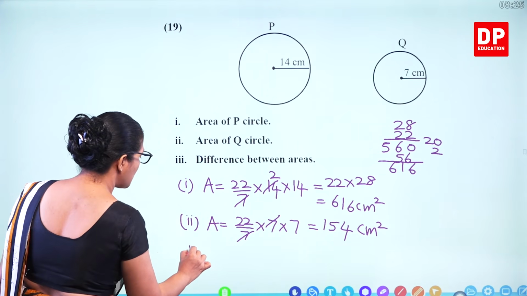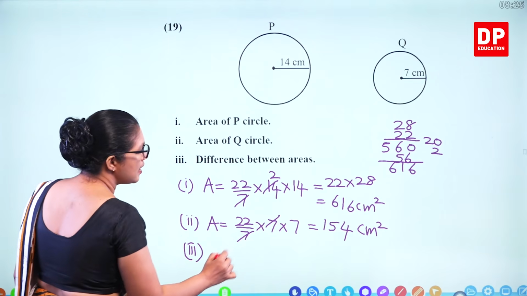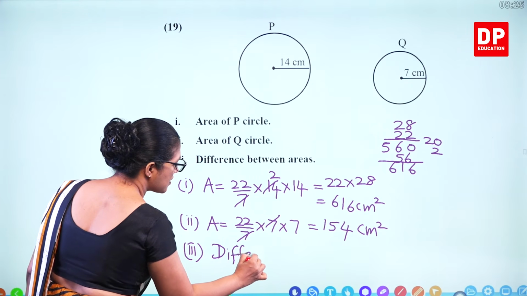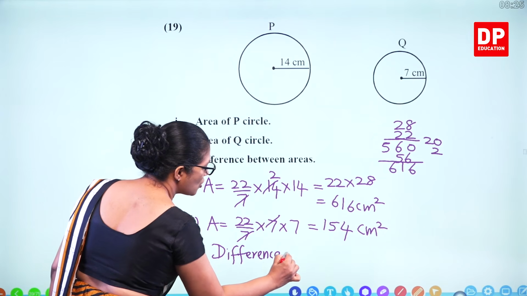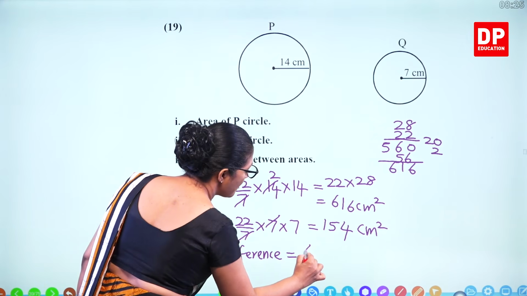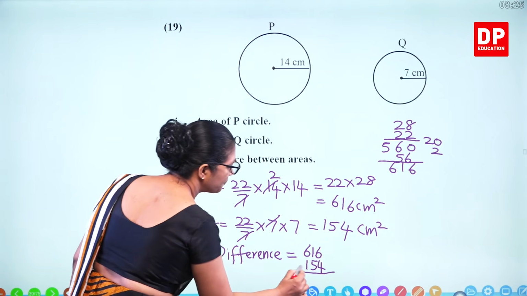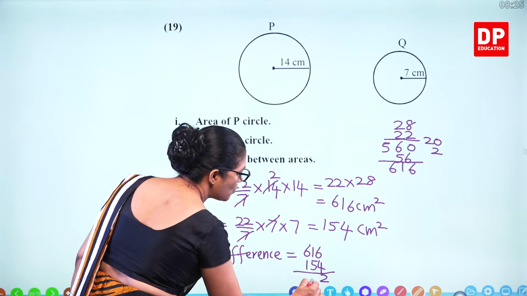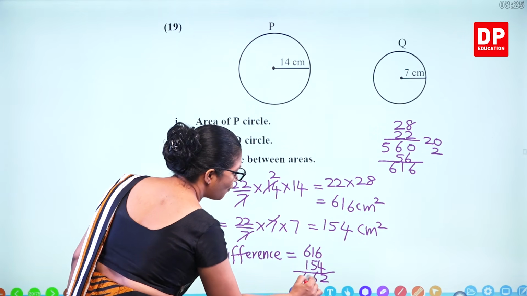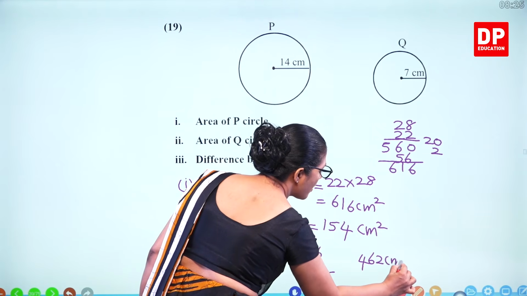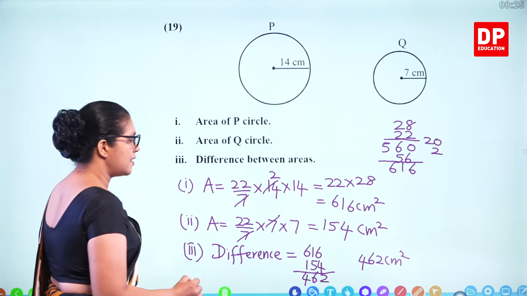So difference between areas means we subtract. Difference is equal to 616 minus 154. You get 462 square centimeter is the difference.